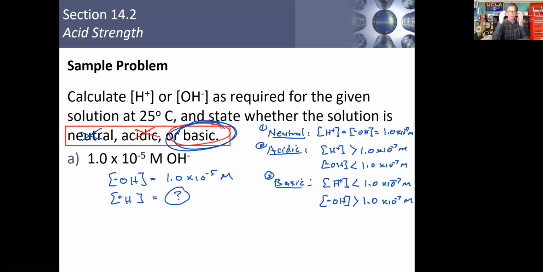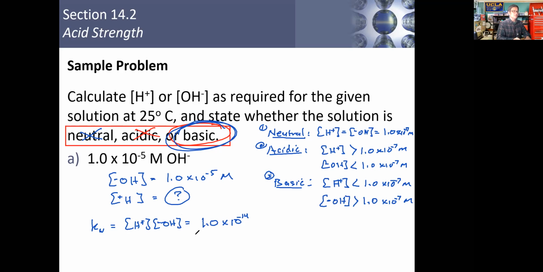So what we will do tomorrow, now that we know this solution is basic and we're given the concentration of the hydroxide ion, is calculate the concentration of the hydrogen ion. And the answer hopefully is yes, we can. Hopefully you recognize that the product of the concentrations of both of those, whatever they may be, has to equal 1 times 10 to the minus 14.